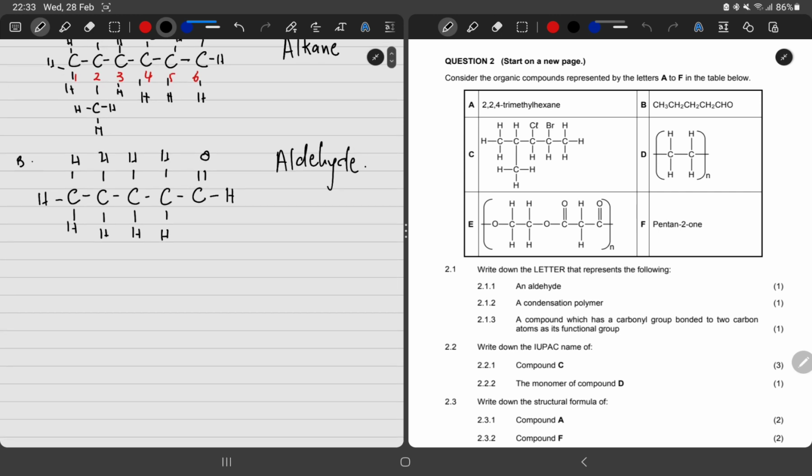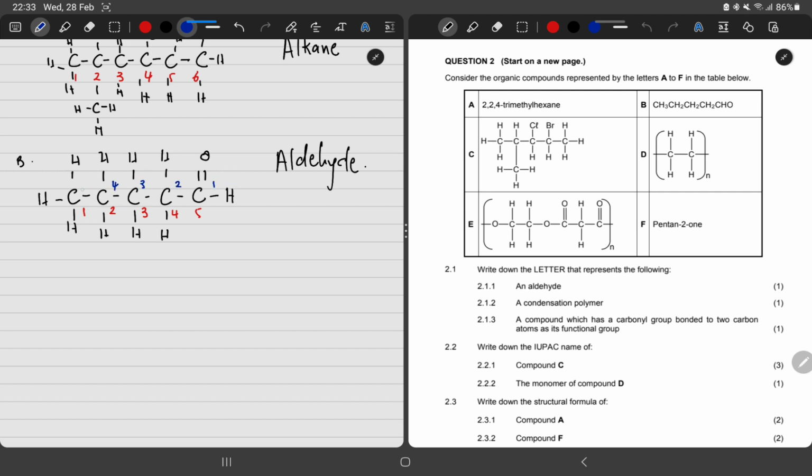And then what is the IUPAC name? When naming, the first step is to identify the longest continuous chain, ensuring that the functional group is part of that chain. Then I'm going to number my carbon atoms, 1, 2, 3, 4, 5, or I can number from right to left.